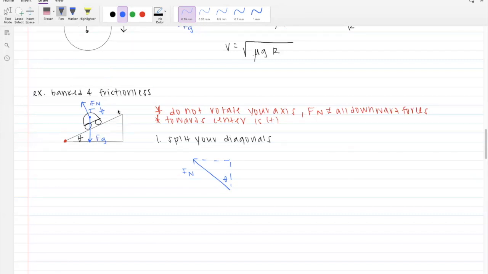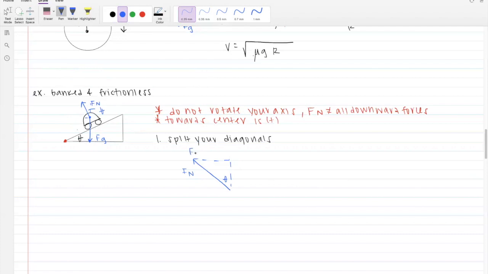Where you define your theta, again, is very important. If you try and define your theta here, this will no longer be the theta that you see on your bank. It is going to be 90 minus the theta that you see on your bank. So you want to be very careful where you define theta because it can change your answer significantly.